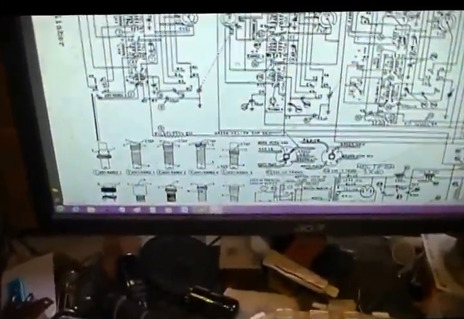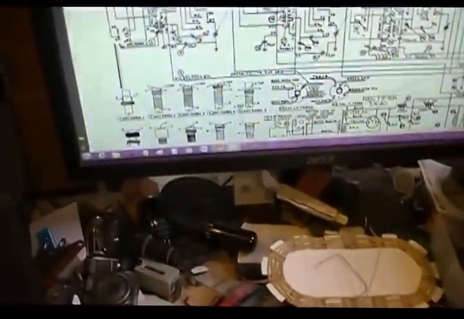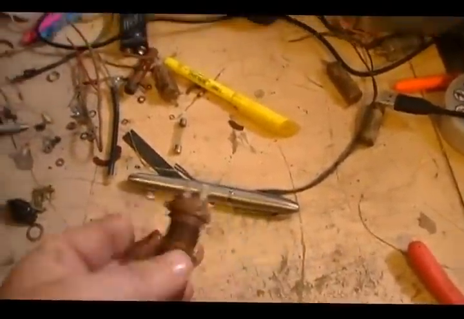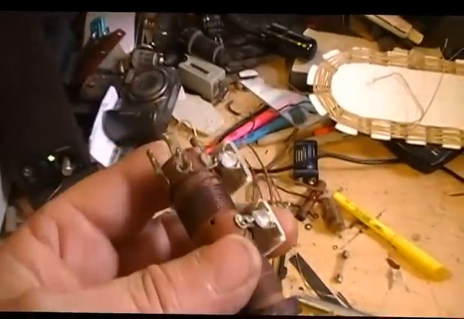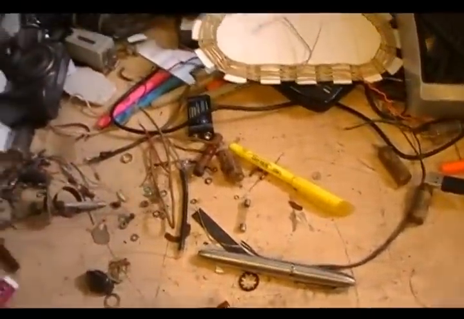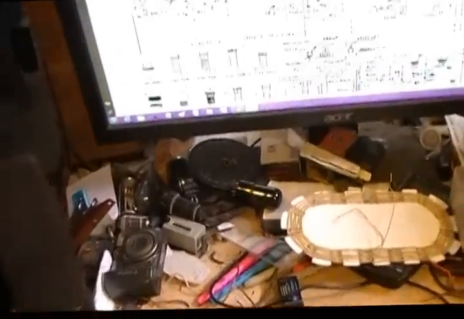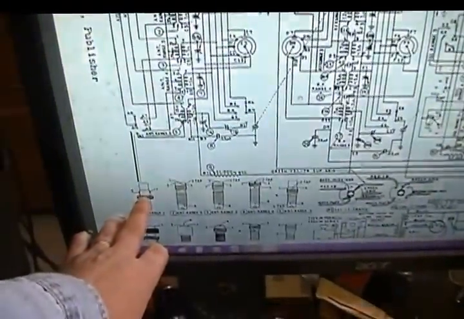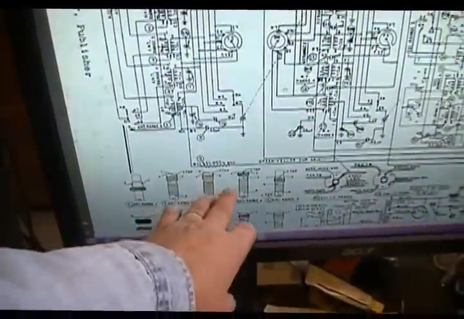But the thing is, even with this good of documentation, you can still make a mistake. So the best way not to get into this situation of not knowing where to hook up everything is make your own documentation. Even with good documentation, you might want to take pictures and make further drawings of each one of these coils. Always take pictures.